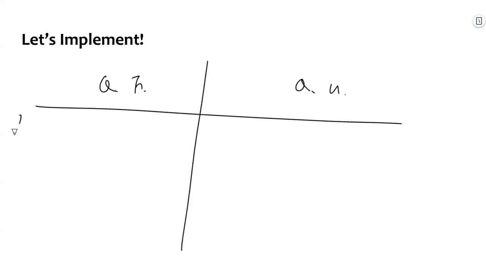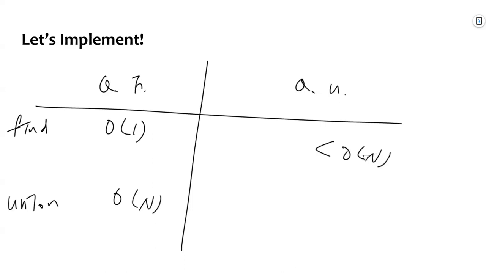Before we implement, let's compare quick find and quick union. In the case of quick find, the find operation took O(1). However, the union operation could spend O(N). And in the case of quick union, the find operation was between O(1) and O(N), and the union operation was between O(1) and O(N).